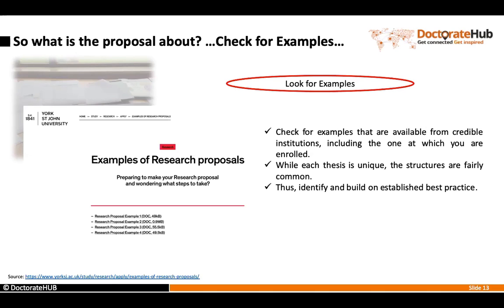But for the other, you don't want to build on something where you can't evaluate the quality of the example. So if it's just something you pick up from the students, then it is very difficult for you to evaluate whether or not this is up to the standards and expectations.